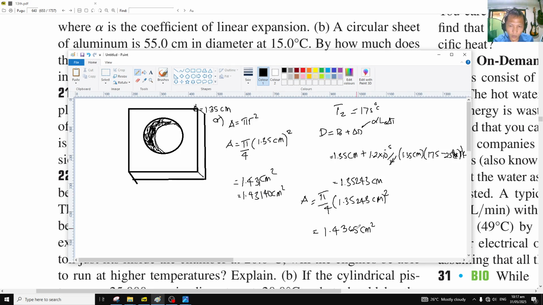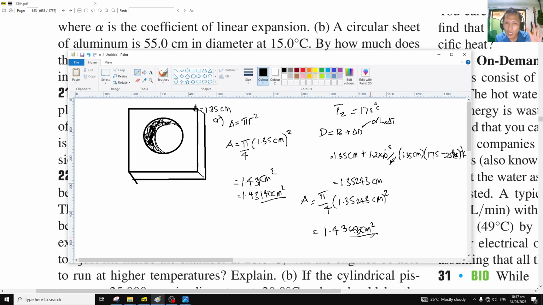So 1.35243 squared times pi divided by 4 will give us 1.436555, in 6 significant figures. This lets you differentiate the two sides. Actually, the first two numbers are usually the same.